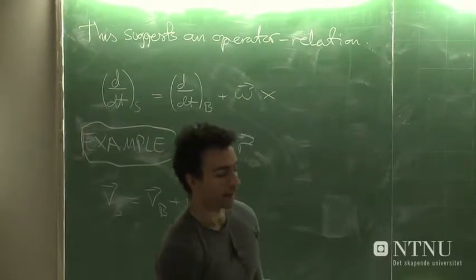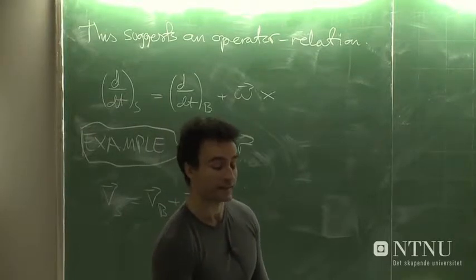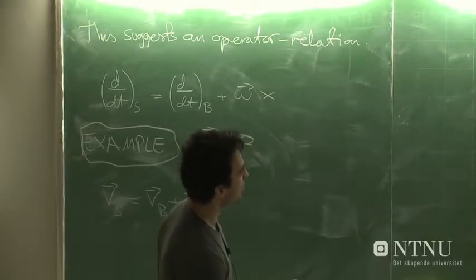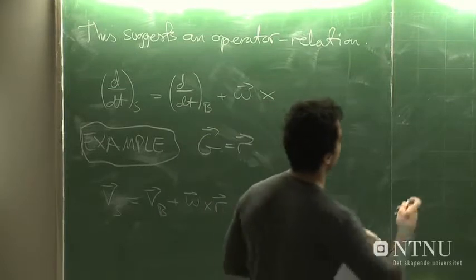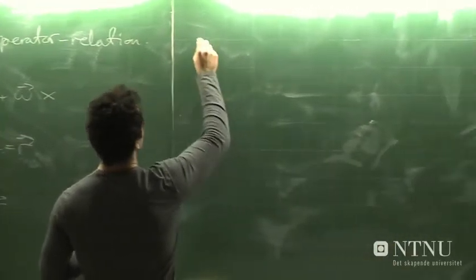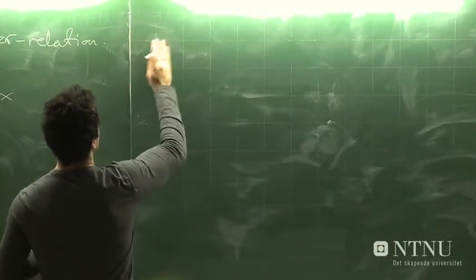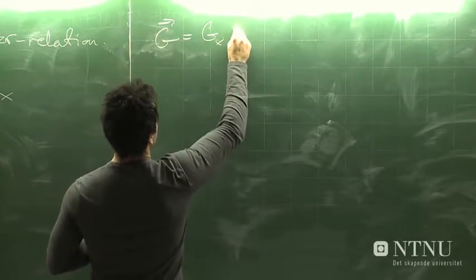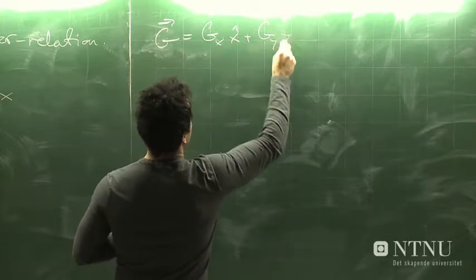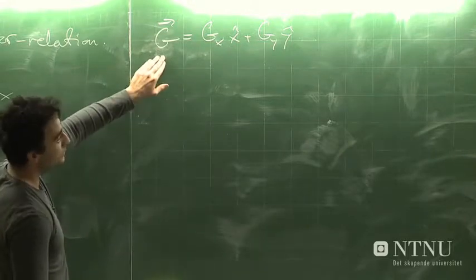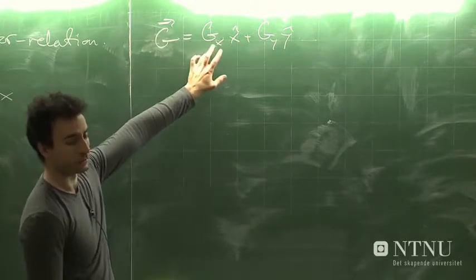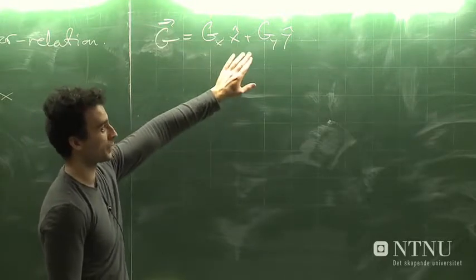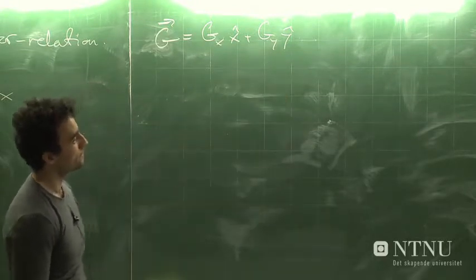There's one other way to see why this has to be the case, which is quite instructive, so I'd just like to show it to you here. And let's just consider 2 dimensions for simplicity. If we have some vector g, it can be written as an x component multiplied with the x unit vector plus the y component and the y unit vector.